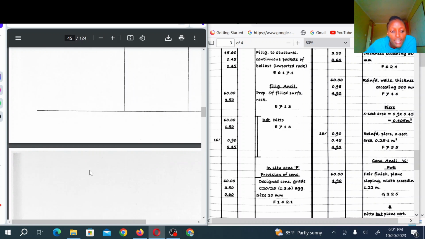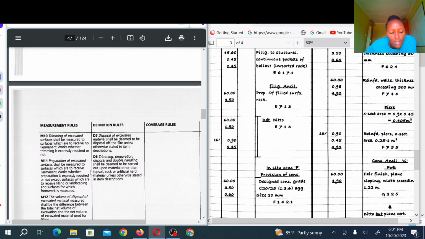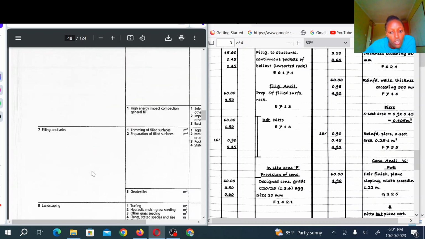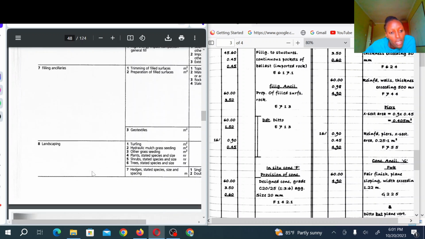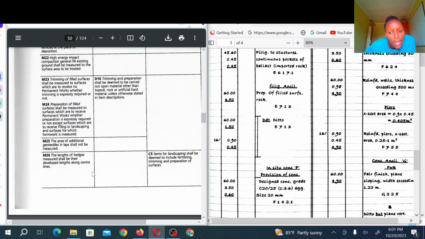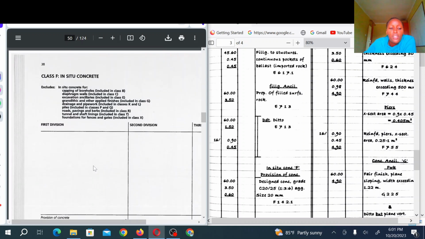In situ concrete is the concrete in the foundation and also the concrete in the walls. Once we come to the in situ concrete, you can see it here. We are just told what it excludes here.